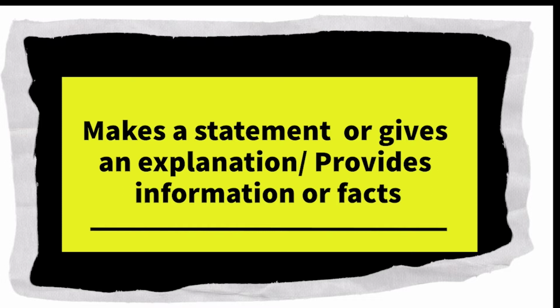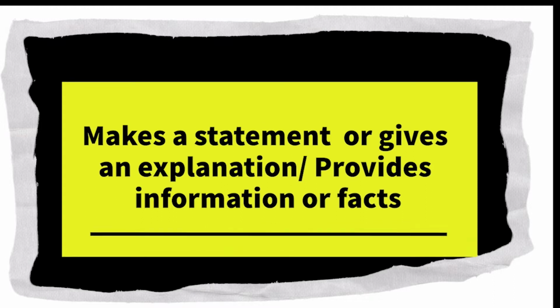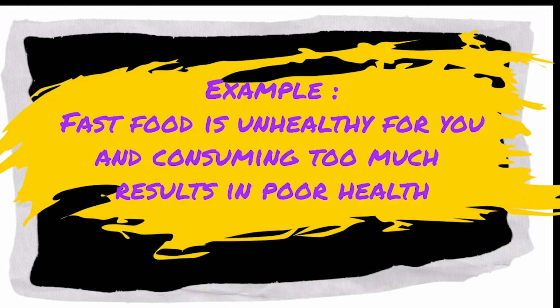So that's your declarative type sentences, making some kind of statement. Let's look at an example. Fast food is unhealthy for you, and consuming too much results in poor health. So there you go. I am making a statement. I'm giving you a fact actually as well, right? Probably.